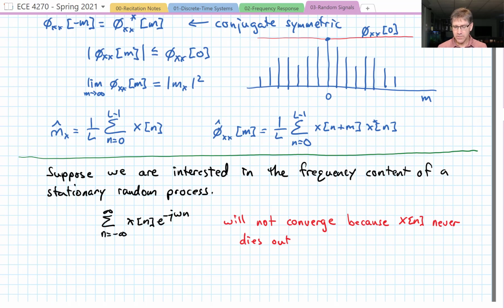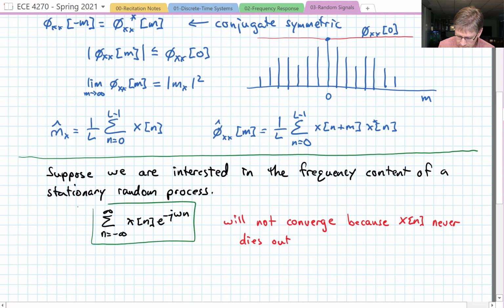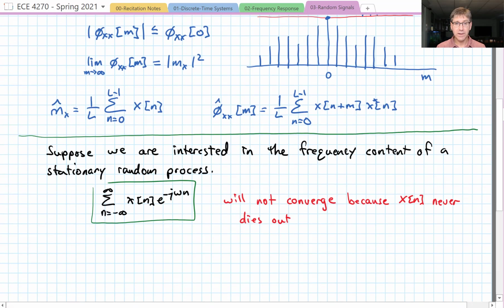So the first thing we might want to try is the DTFT sum of our random process x of n. But the problem is, because x of n never dies out, this won't converge. The sum will continue to grow as we add more values of n into it.